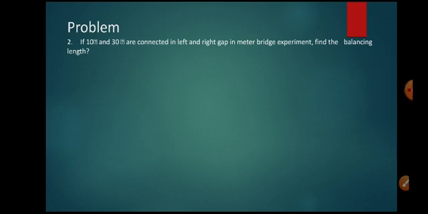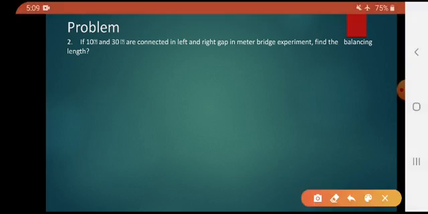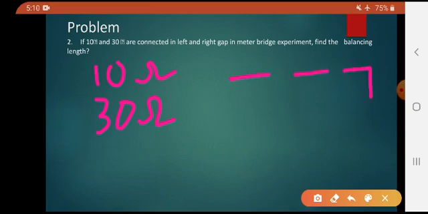See, for example, if 10 ohms and 30 ohms are connected in the left and right gaps of a meter bridge, so this is a meter bridge. For example, this is L, gap 1, gap 2.